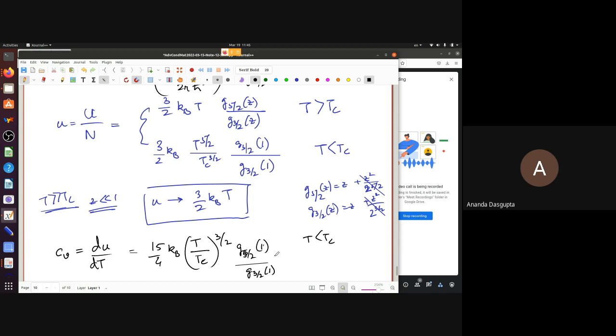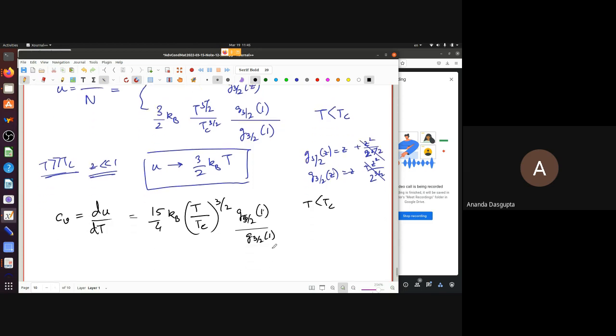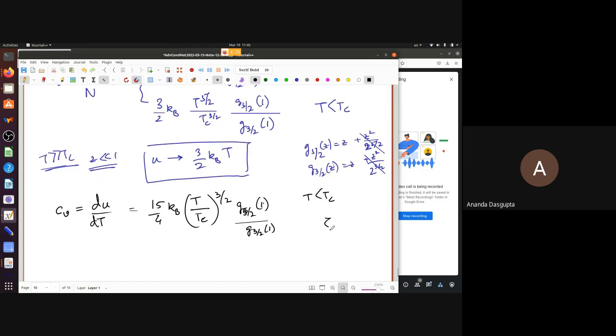By the way, is this ratio more than 1 or less than 1? Can anybody tell me that? In other words, that's zeta 5/2 by zeta 3/2. Is this more than 1 or less than 1? And of course, play with a calculator or write a program which will tell you what this ratio actually is. But you should be able to figure out which one is bigger.